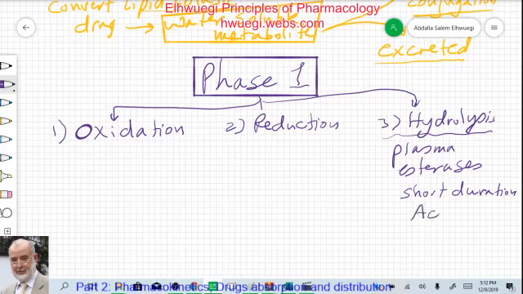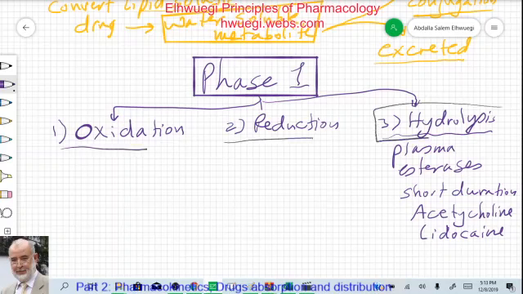The most famous example, acetylcholine, which we'll talk about when we talk about cholinergic drugs, and as well lidocaine, the most famous local anesthetic. Okay? Phase 1 can be oxidation, reduction, and hydrolysis.